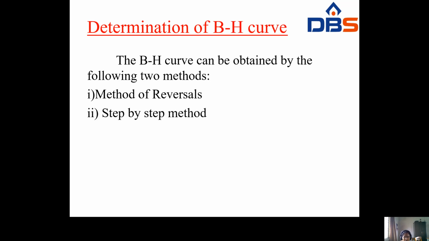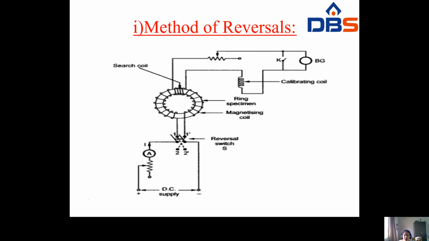The BH curve can be obtained by the following two methods: method of reversals and step-by-step method.